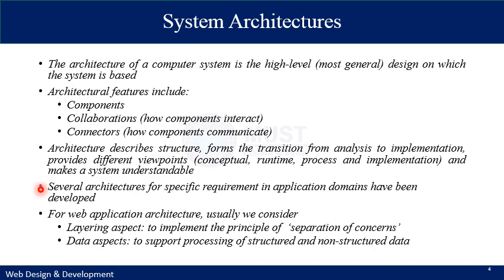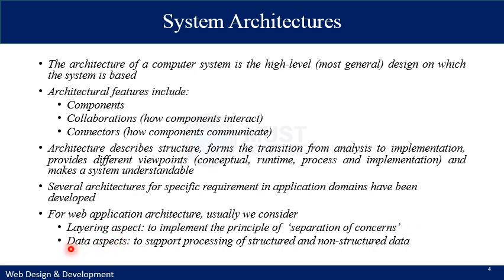Several architectures for specific requirements in application domains have been developed. For web application architectures, we usually consider two types of concepts: the layering aspects and the data aspects. The layering aspect refers to the implementation of the principle of separation of concerns. That means your application should have a number of layers that are separated from each other, and each layer performs a specific designated task.